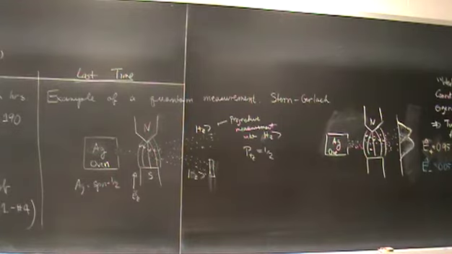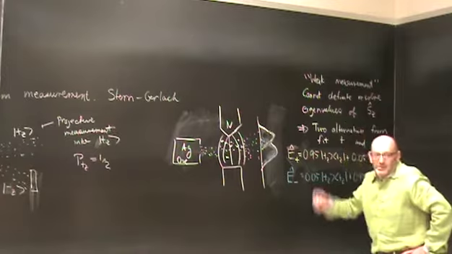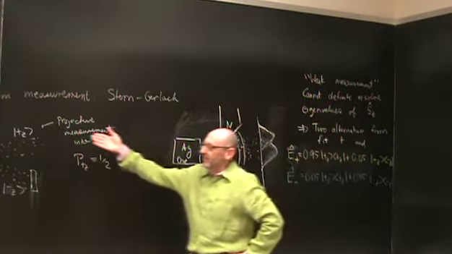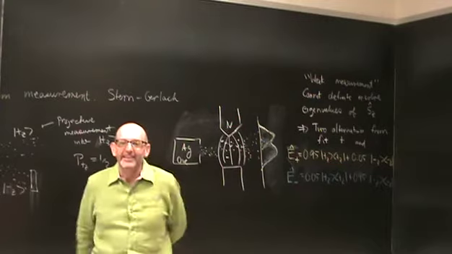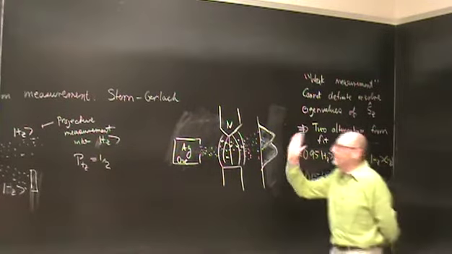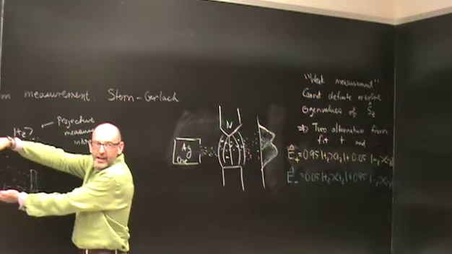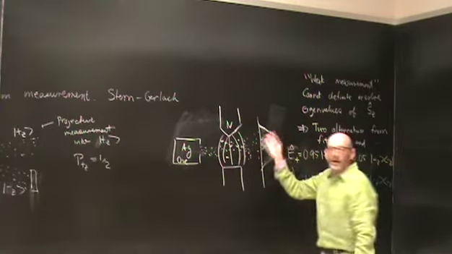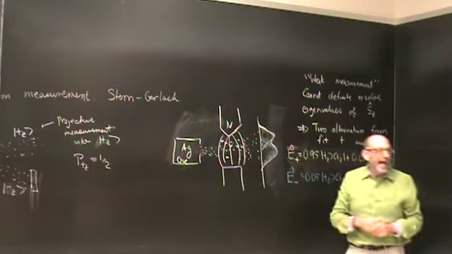The other thing we talked about briefly, and I just wanted to mention again, is a concept that is perhaps less familiar, but nonetheless important, and that's the notion of a weak measurement, a measurement that doesn't distinguish completely between the eigenvectors of the observable, but maybe partially distinguishes between those alternatives. For example, if we have the same device, but we put a screen too close in, so that the beams haven't really separated well enough, and we collected a histogram of the counts, we would see this kind of double hump structure, but the tails overlap.